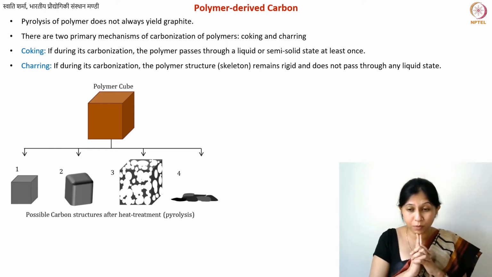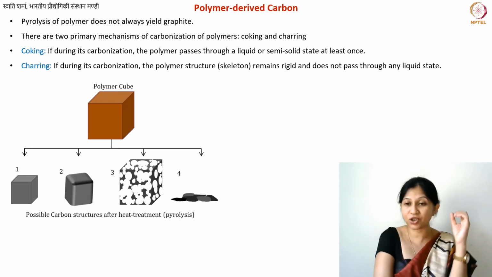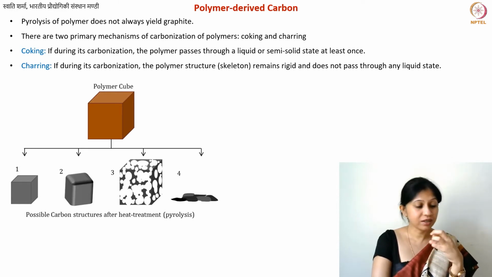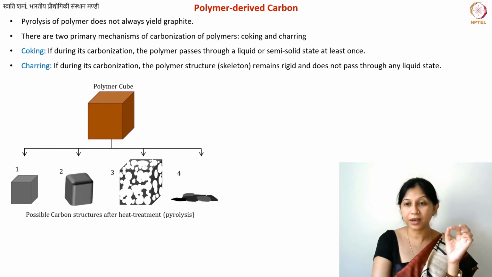The third scenario would be that your cube does not really shrink, or even if it does shrink, not very much. So in this picture, I have shown the exact same size, but you may have some shrinkage, but not very much. Why? Because all the mass loss that had to happen just created pores. So mass loss did take place. Let's say whatever carbon you obtain is lower than 30%, between say 10 to 30% of the original mass.